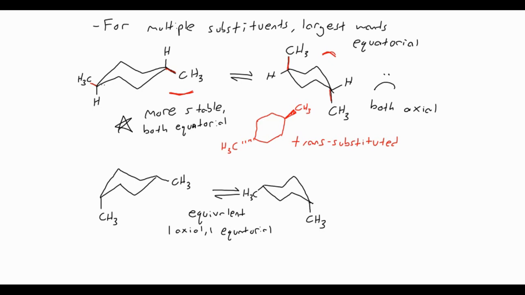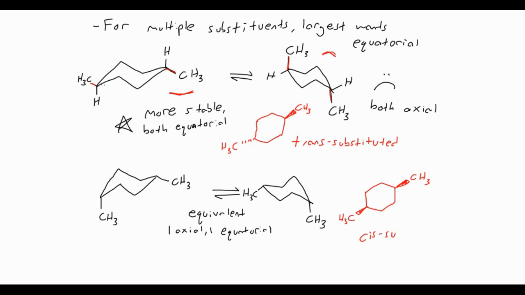And just for completeness, let's draw our skeletal structure again for this. And this is where we have one methyl group there coming towards us, and the other methyl group will also be coming towards us. So this is our cis substituted cyclohexane.